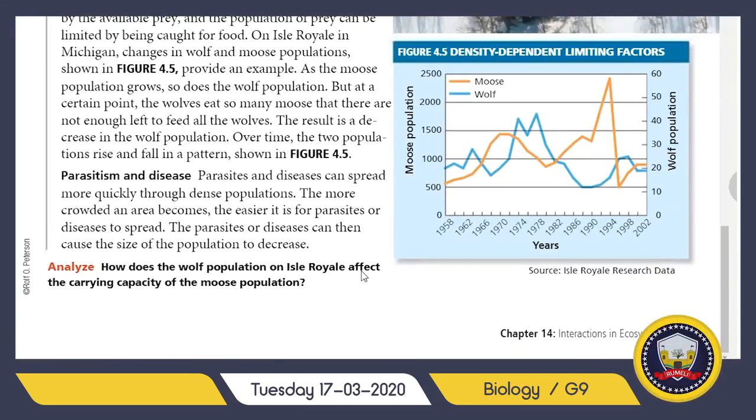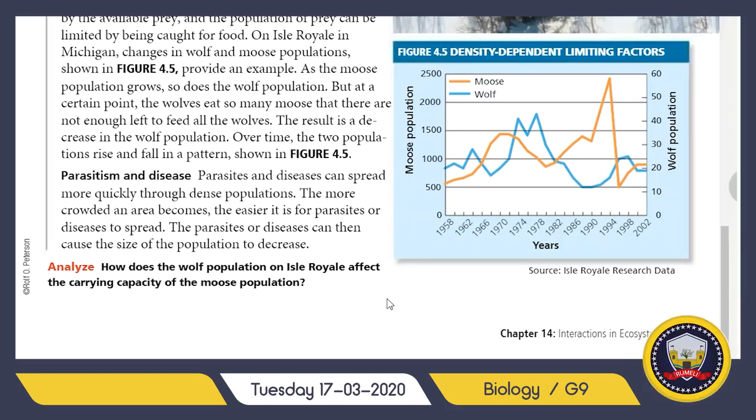Parasitism and disease. Parasites and disease can spread more quickly through a dense population, and this is what we are witnessing now in the corona epidemic. Okay? Notice in any World Health Organization report, the huge number of infected people are in high density regions.